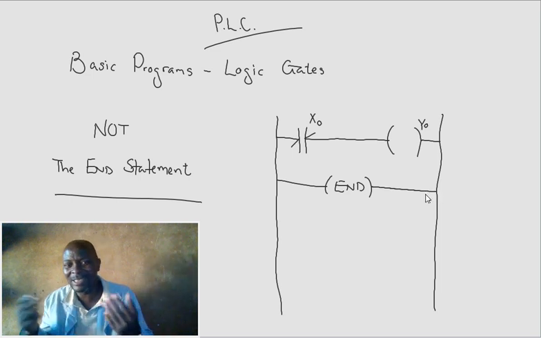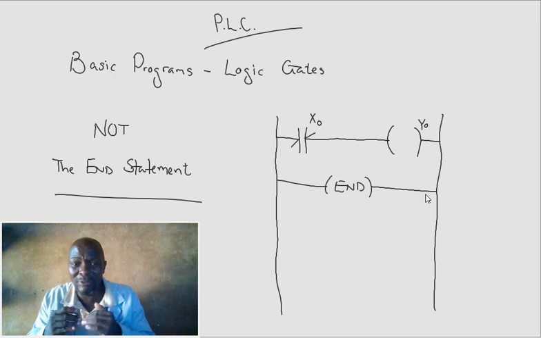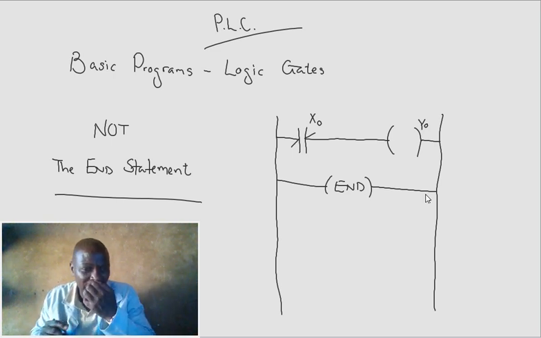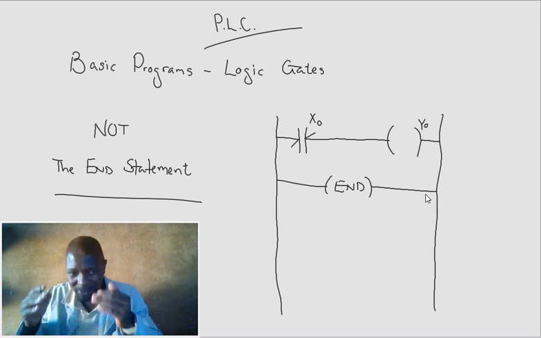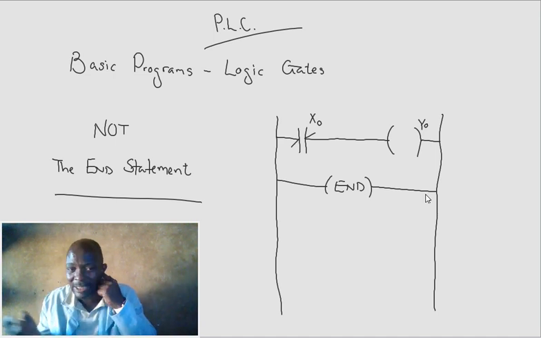It's really redundant these days. Modern PLCs either automatically have the end on their own as the program grows, or there's no end at all. The PLC knows when it's the last rung, and it goes back to the top.